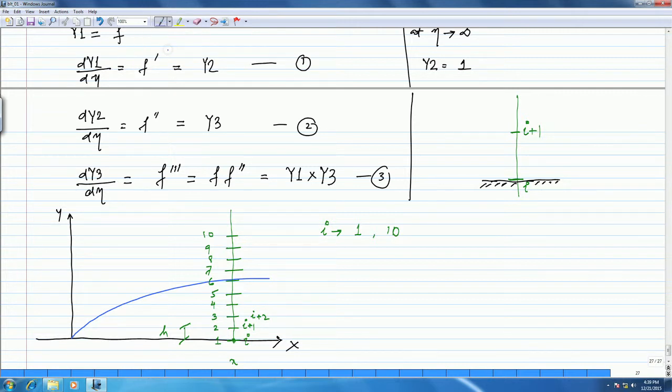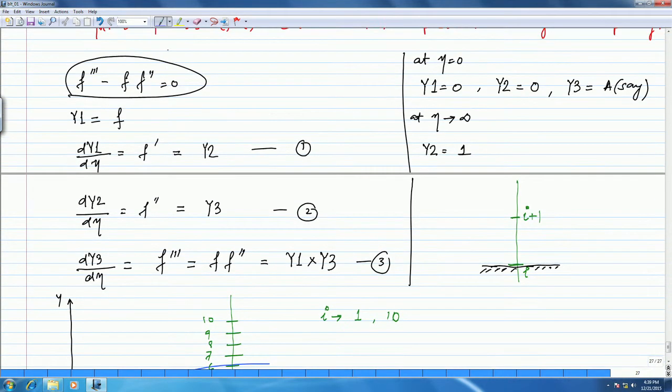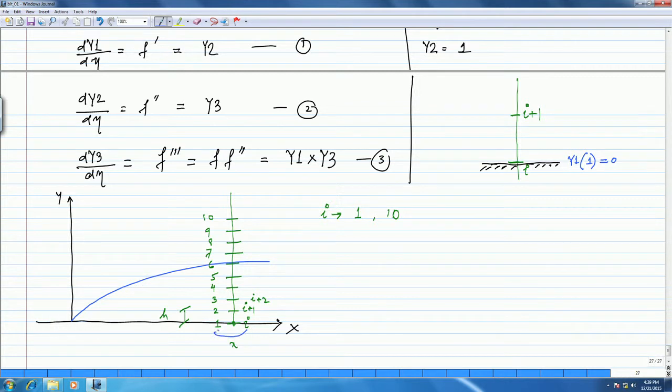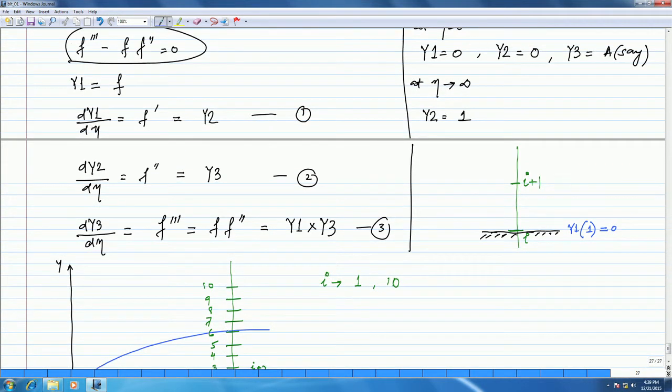So, if that is so, then the boundary conditions: here eta is 0, y1 is basically 0. So, the way I write that in the computer code is I say y1, this becomes an array, this is 1, is equal to 0, because like I said, i equal to 1, here in this particular case, is 0. Again, y2 is 0 and y3 is something.